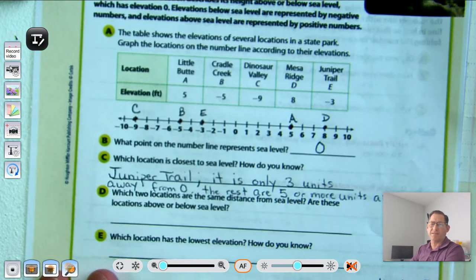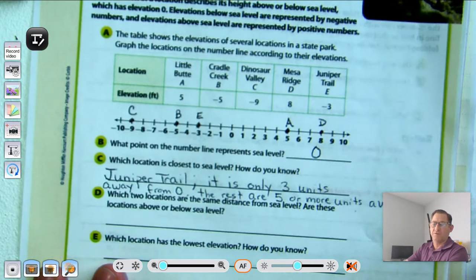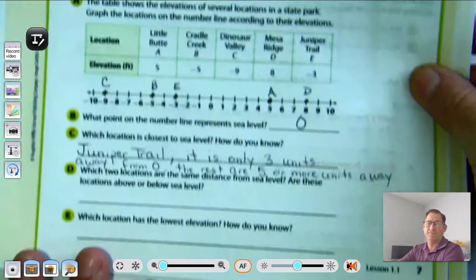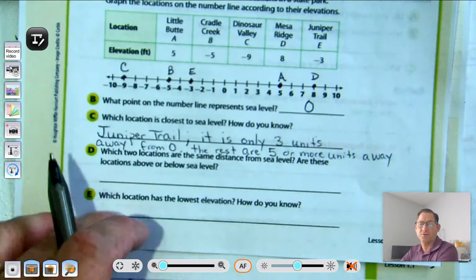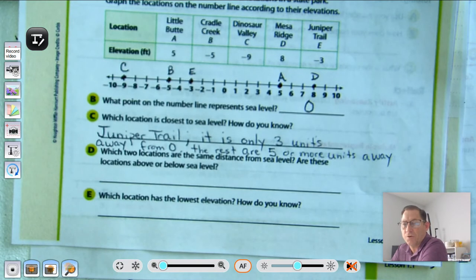So just as a way of explaining it, Juniper Trail is only 3 units away from 0, while the rest are 5 or more units away. So 3 is closer than 5, right?